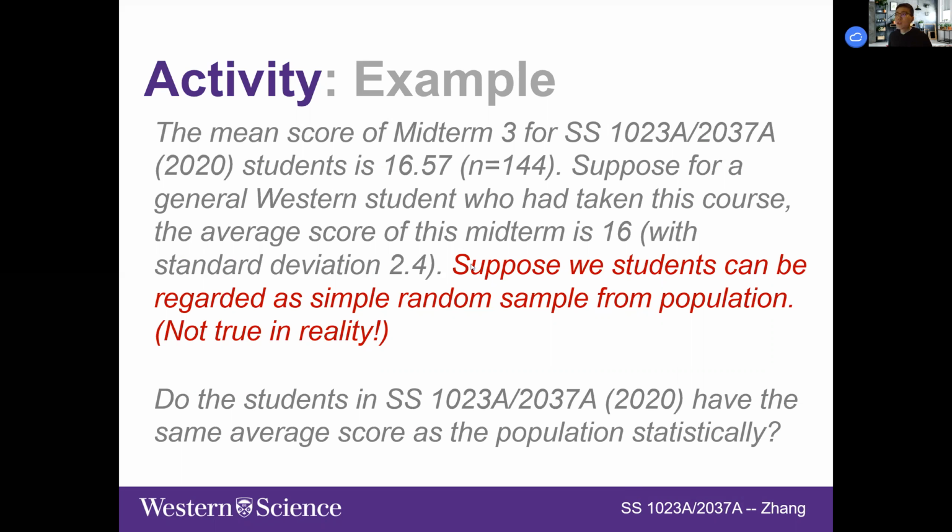Here, I would like to emphasize that I would assume that our students in this course are regarded as a simple random sample from our general population. But of course, that is not true in reality because this is more like convenience sampling. It's apparently not simple random sampling. But just to keep going with the hypothesis testing, we just consider this as the result of simple random sampling.